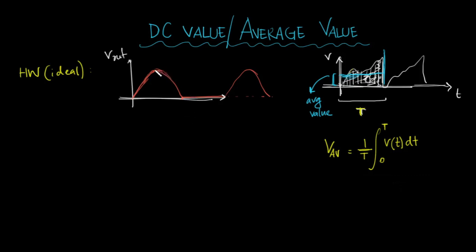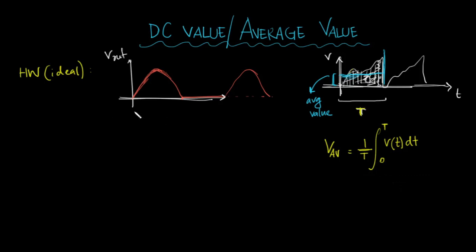Since this is for the ideal diode, the output rises as soon as the input rises, so there is no gap in this part. If we want to find the average value of this output, we will have to integrate for one time period.